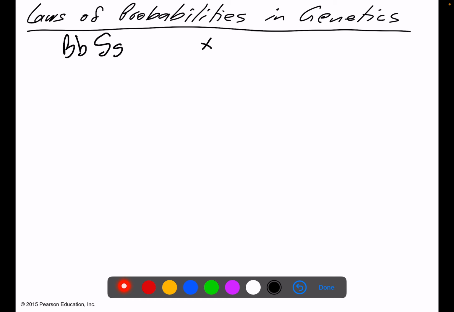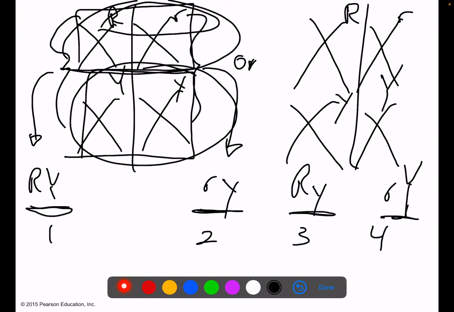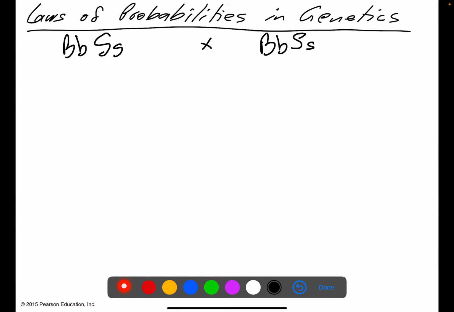And the other parent is also big B, little b on one chromosome pair, and also big S, little s on the other chromosome pair. Wow, those are ugly. All right, we shouldn't be doing a massive Punnett square like this one. That's just too much.